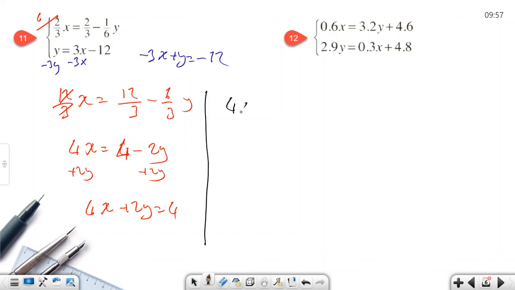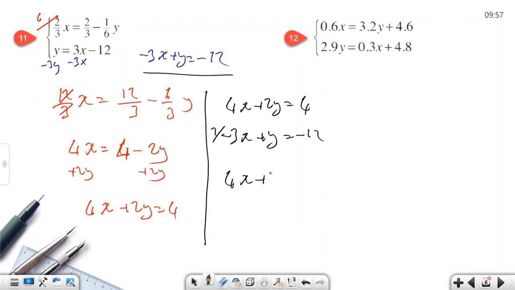How can I solve it? The first equation: 4x plus 2y equals 4. And the second equation: minus 3x plus y equals minus 12. If I multiply this whole equation by 2, I get 4x plus 2y equals 4 and minus 6x plus 2y equals minus 12.